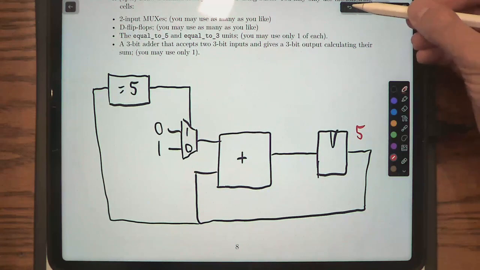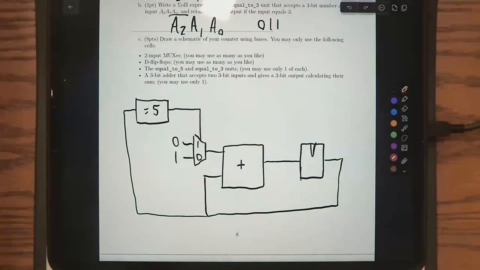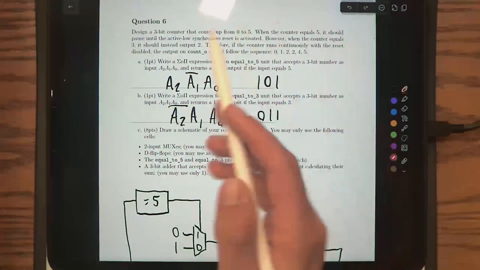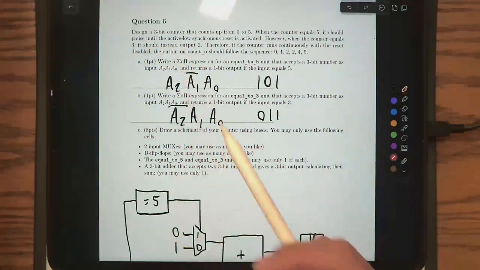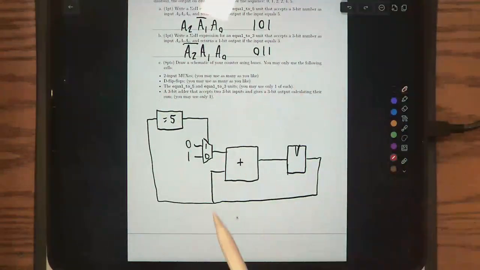But the next thing is we also need to make sure that anytime it outputs 3, we want to override that and instead output the number 2. So whenever the counter equals 3, we should actually output 2. If we have this counter, how do we modify it to have the override signal?